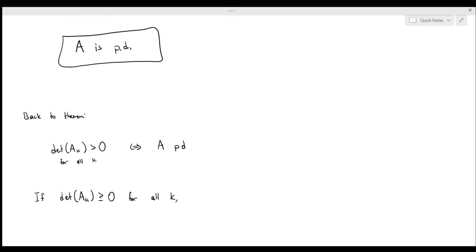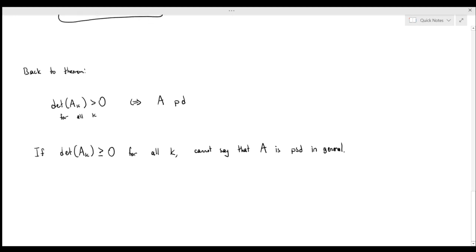It turns out that the answer is actually no. Here is an example of a matrix where all of these upper left determinants are greater than or equal to 0, but nevertheless the matrix is not positive semi-definite.